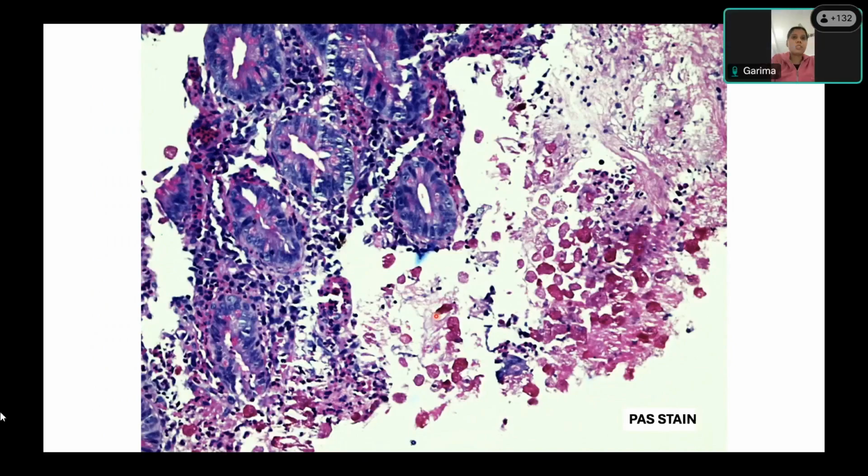Grocott? No, Grocott is a silver stain for fungal infections. For amoebic, what else can we do? Trichrome. You're right, trichrome can be done, but a better stain is an iron hematoxylin stain. Iron hematoxylin stain can be done.